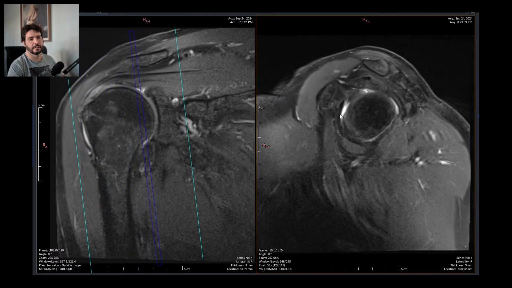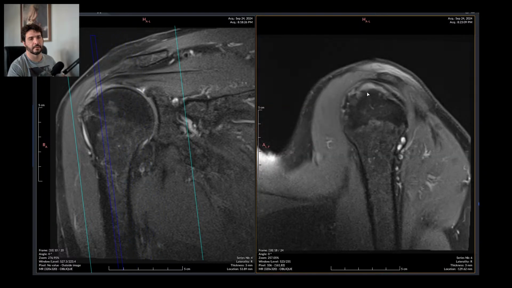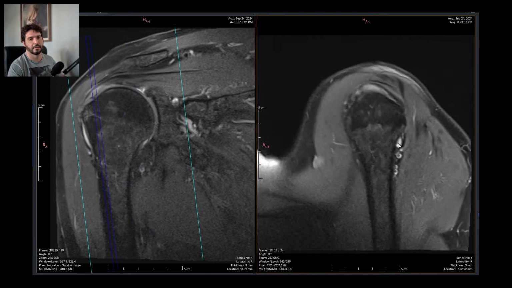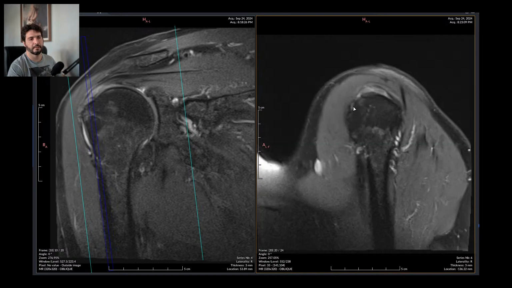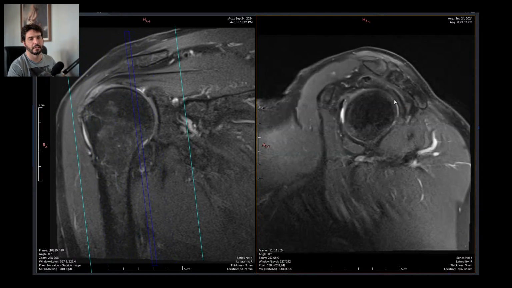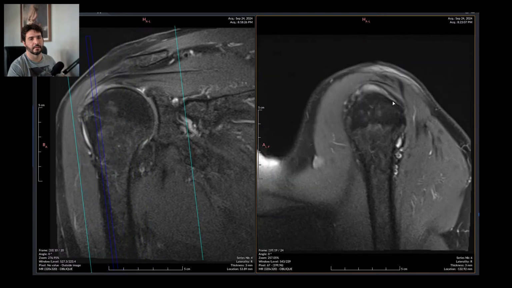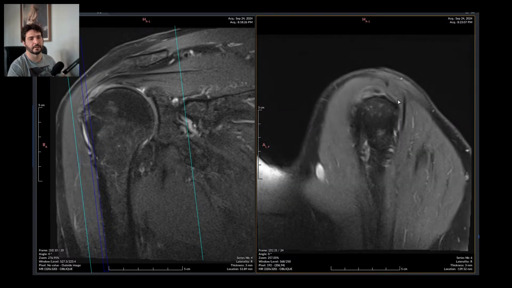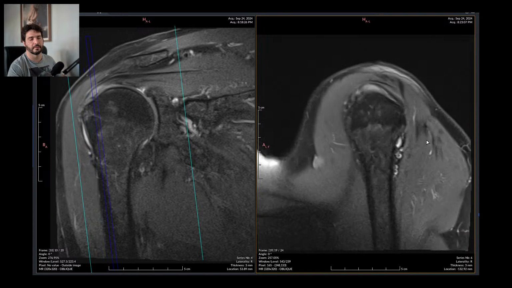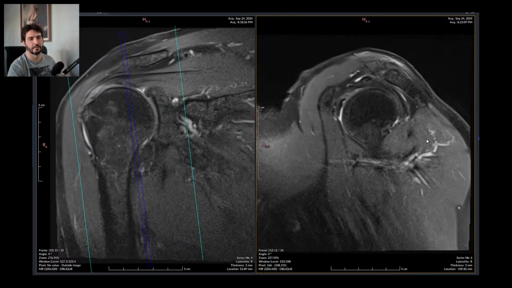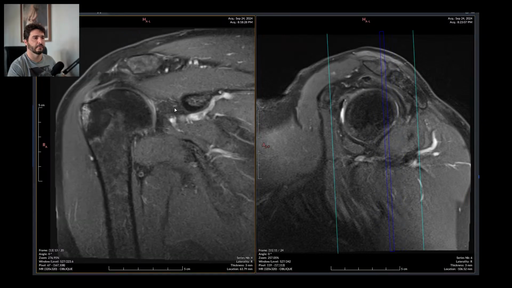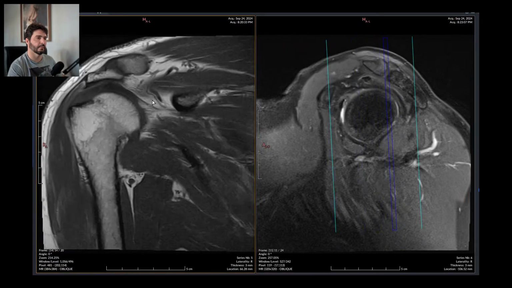It's not quite as bright as liquid, so I can't really say this is rupture. There is some sort of tendinosis of the subscapularis, and a very mild tendinosis of the infraspinatus tendon. Also, let me see the acromioclavicular joint.